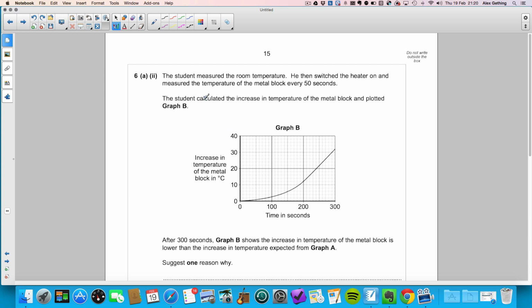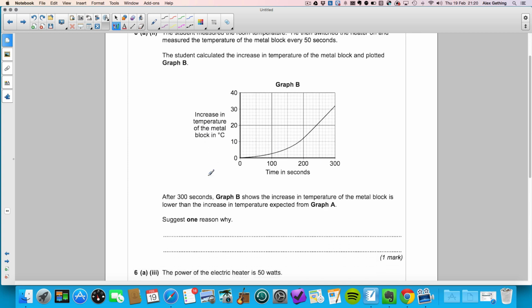A2. The student measured the room temperature. He then switched the heater on and measured the temperature of the metal block every 50 seconds. The student calculated the increase in temperature of the metal block and plotted graph B. So this is the increase over time, graph B this is. After 300 seconds, graph B shows the increase in temperature of the metal block is lower than the increase in temperature expected from graph A. Suggest one reason why.